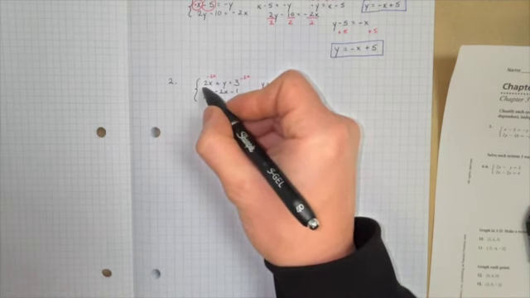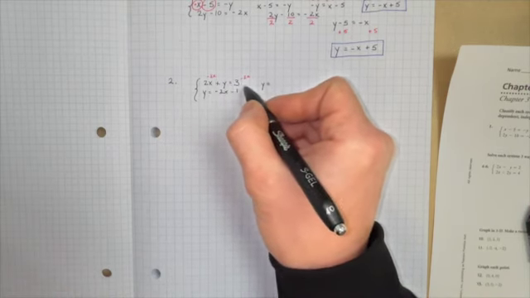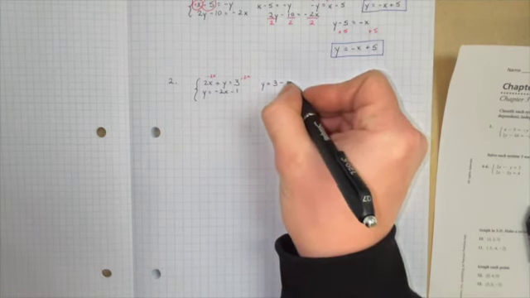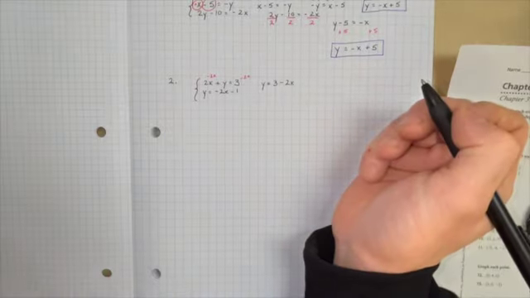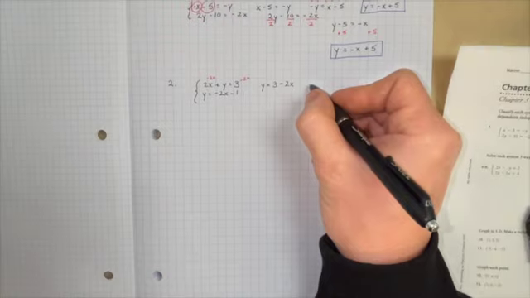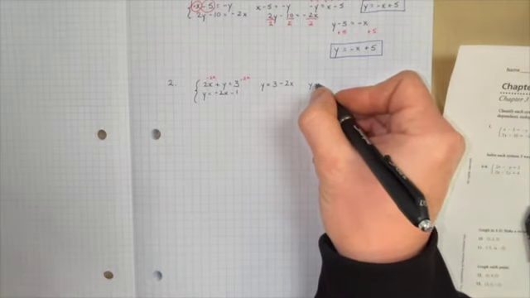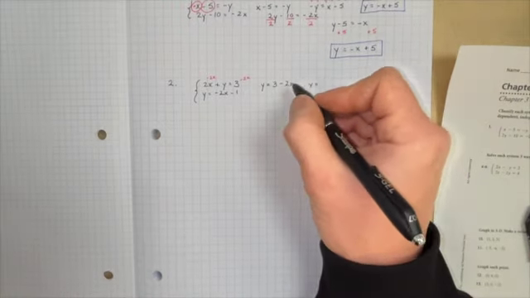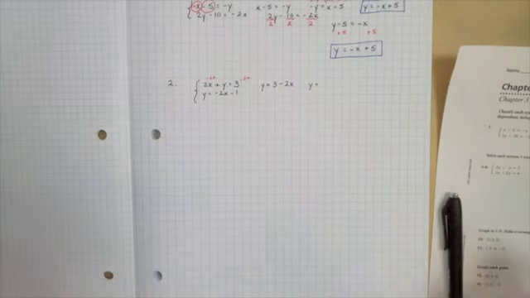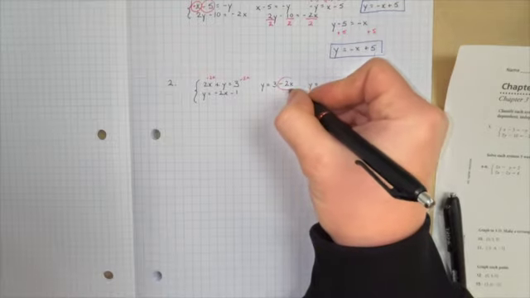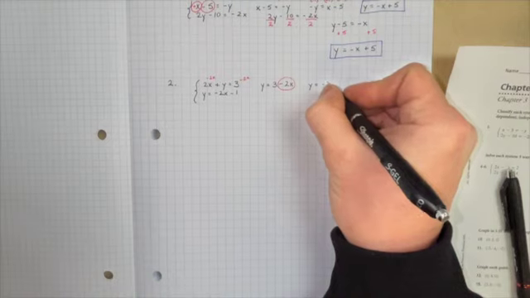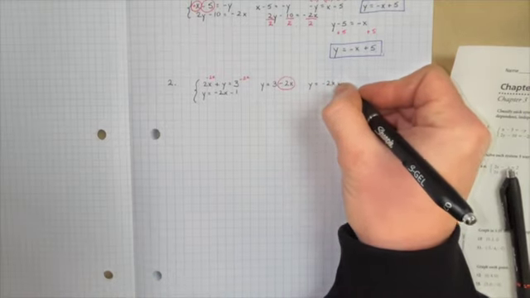I take away the 2x, it's going to come over here, and I have 3 minus 2x. It's not perfectly in the y is equal to mx form, so let me just rearrange it. Sorry, I'm not changing anything. This is a negative 2, right? So I'm going to write y is equal to negative 2x plus 3.